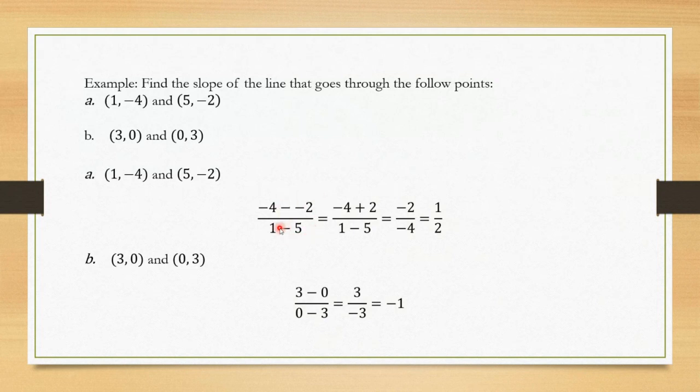Now, what do we get here? Well, we get -4 minus -2, which is -4 plus 2, and we have 1 minus 5 down here. We get -2 over -4, which is a half.